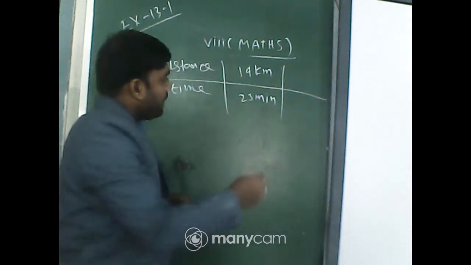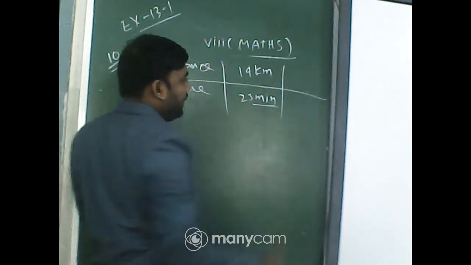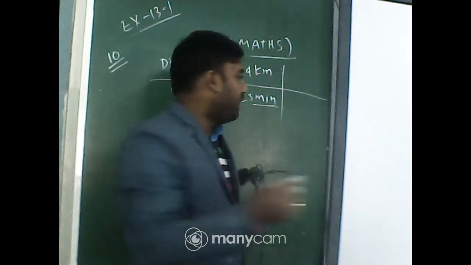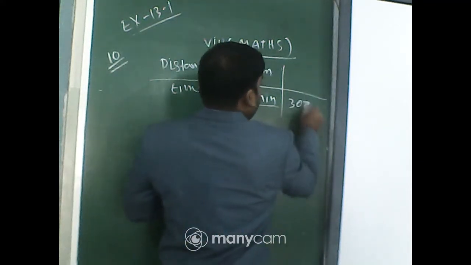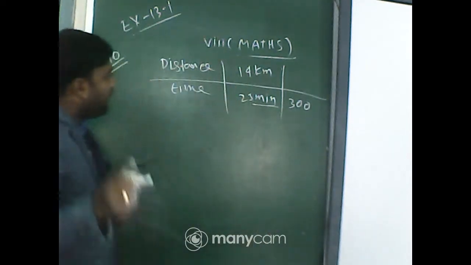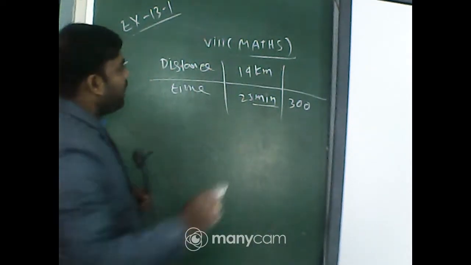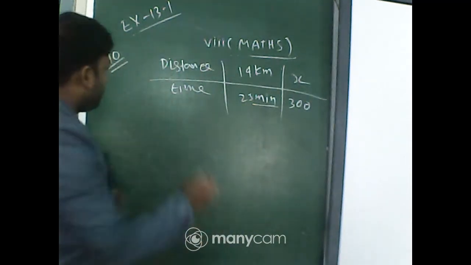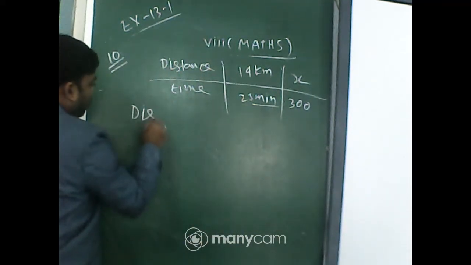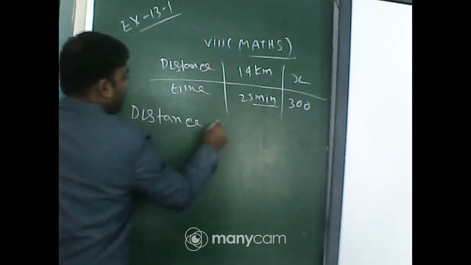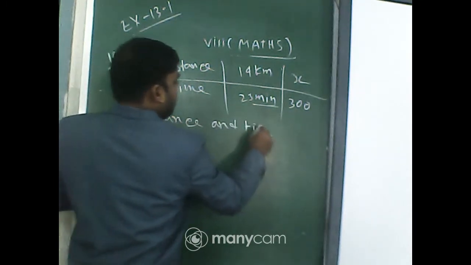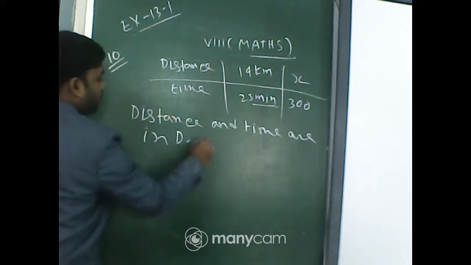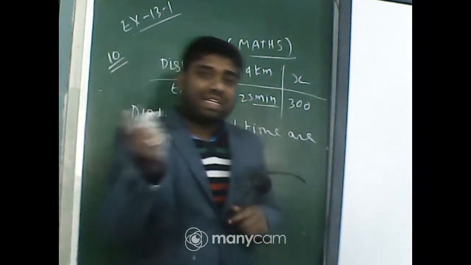Students, as the time is given in minutes, change 5 hours into minutes. 1 hour is 60 minutes, so 5 hours is 300 minutes. Let it cover x kilometers in 300 minutes. Now the next step: distance and time are in direct proportion.